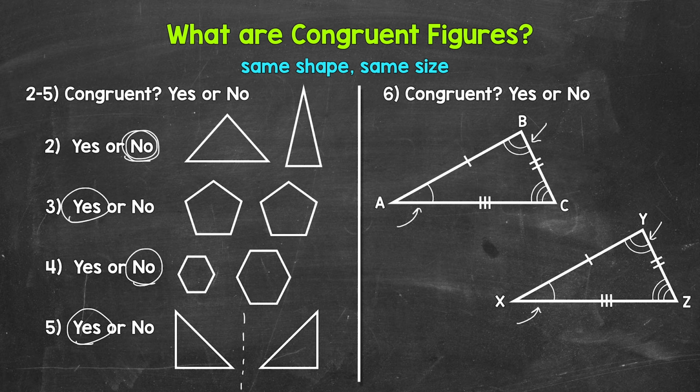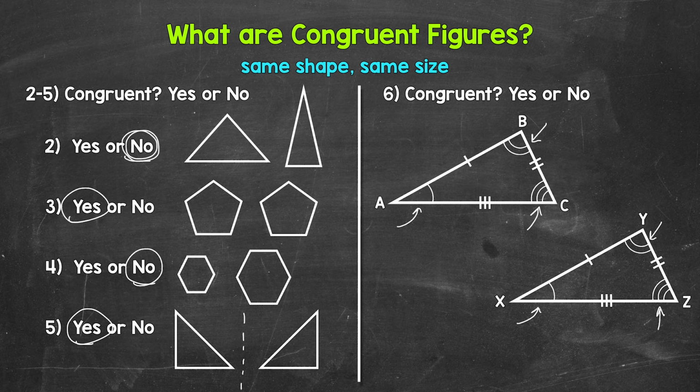That tells us that those two angles are congruent. They have the same measure. And then lastly for the angles, angle C and angle Z have three arcs. And since they both have three arcs, that tells us that those angles are congruent. They have the same measure.